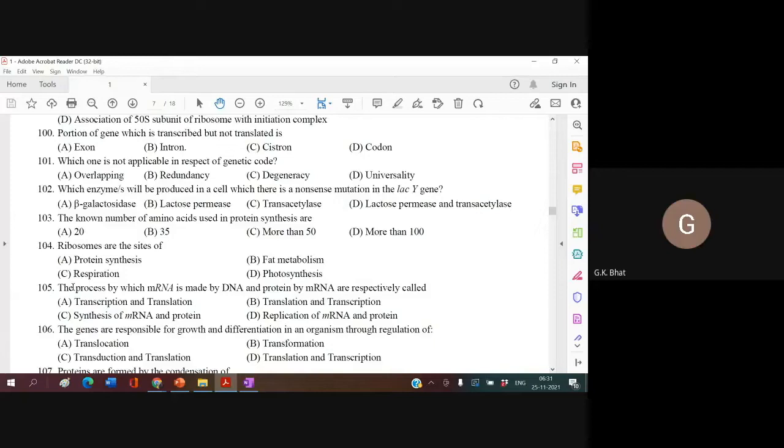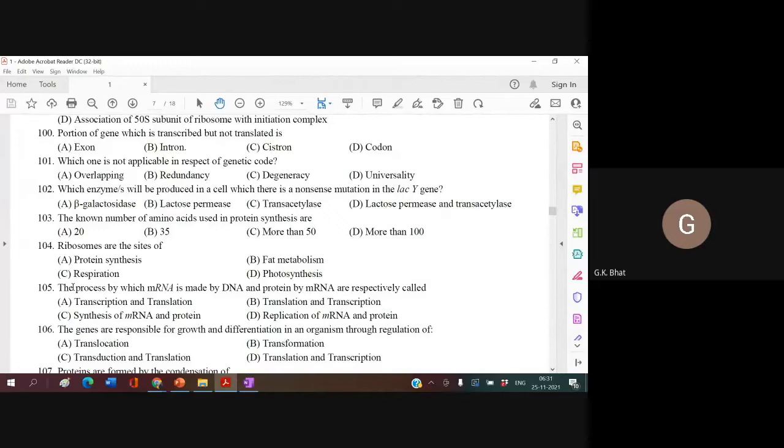Okay, open now. Start answering. 101. Which one is not applicable in respect of genetic code? Overlapping. Some of these codons code for the same amino acid.